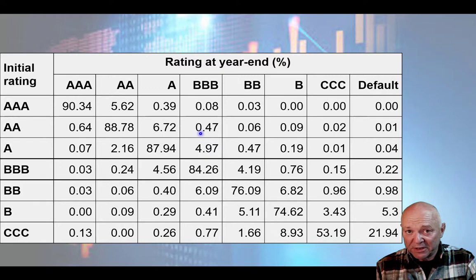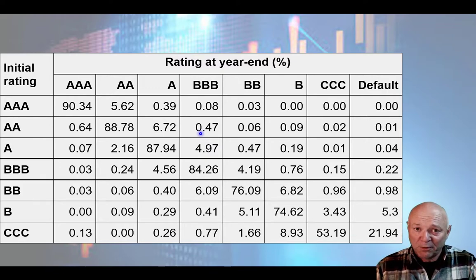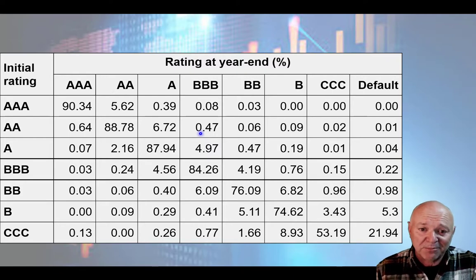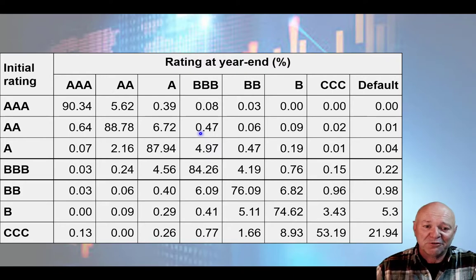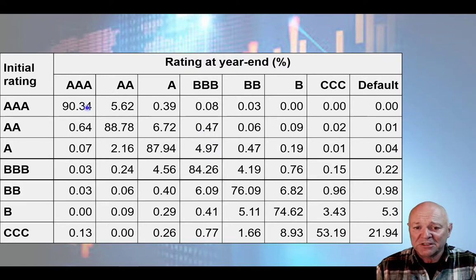So there is a chance of default for any business. Even AAA businesses are theoretically capable of defaulting, but for a AAA business, the chance of it defaulting is pretty close to zero. A AA, still pretty close to zero. By the time you get into the double Bs, there's still a pretty small chance of going to zero.